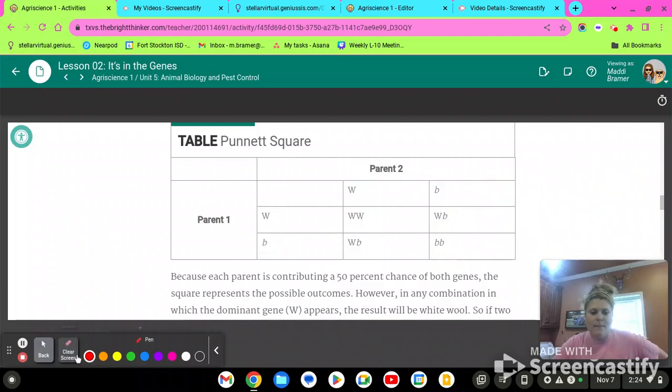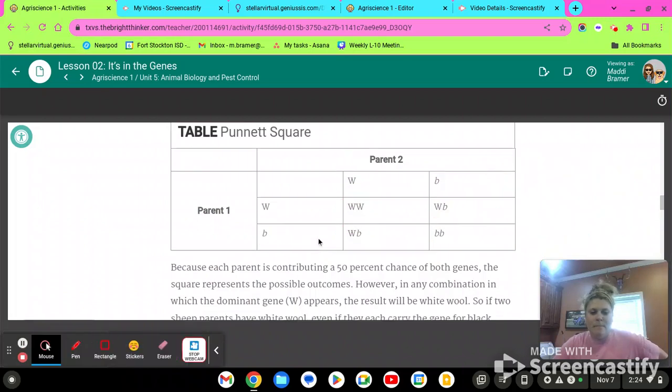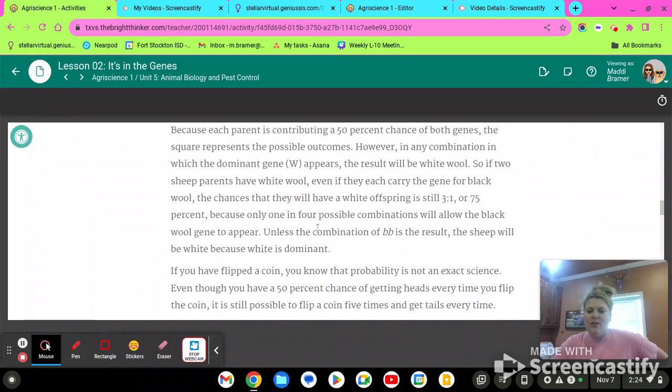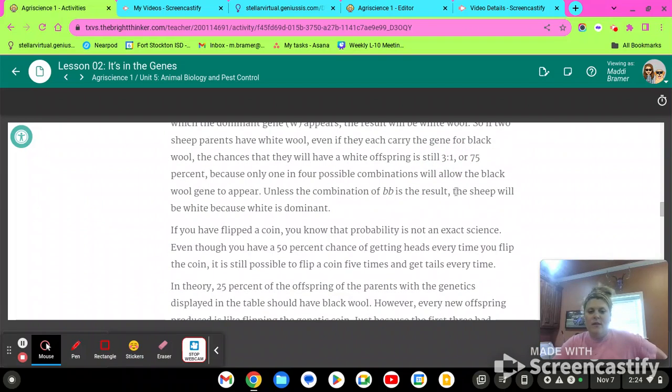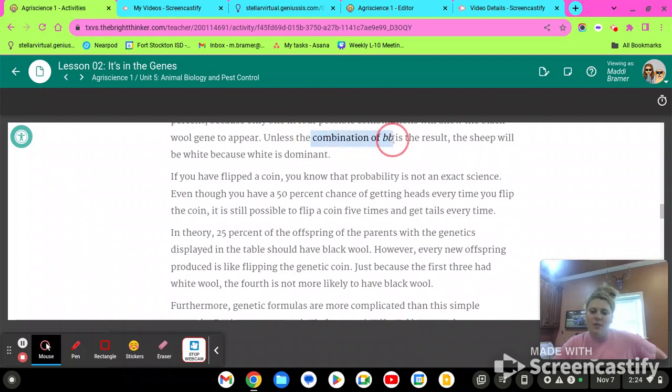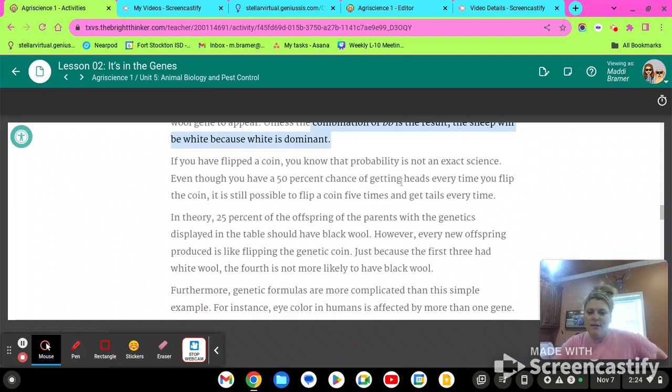Okay? So you can write the ratio as a percent or 3 to 1 like they do there. So pretty much, unless you hit that 25% of the recessive black wool, that sheep's going to be white because the white is dominant. So you can see that proves that it's not 50%.